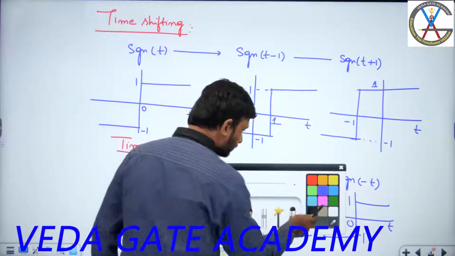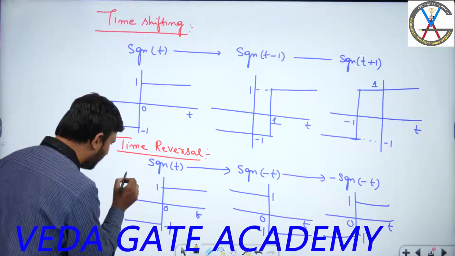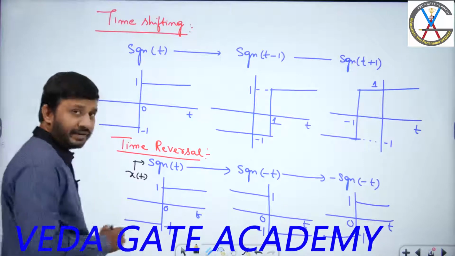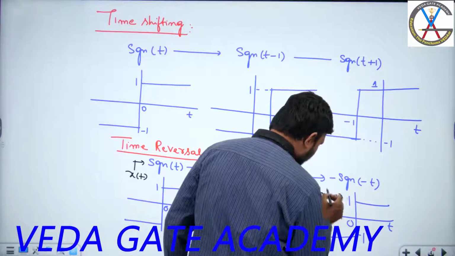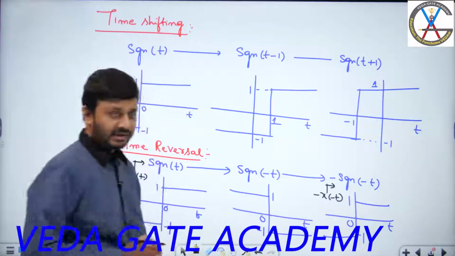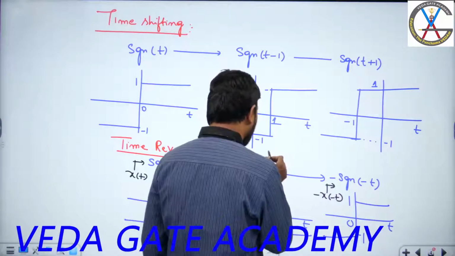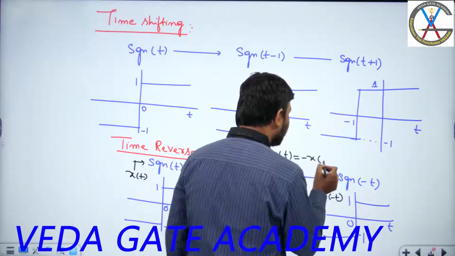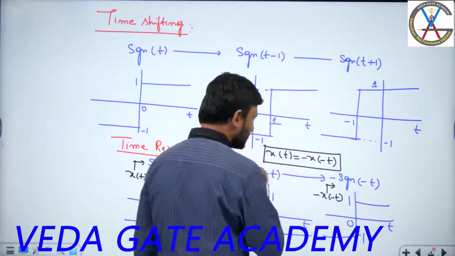So, if I call this signum of t as x of t, here x of t is same as what? Minus x of minus t, right? So, remember, signals which satisfy this property, x of t is equal to minus x of minus t, are known as odd signals.